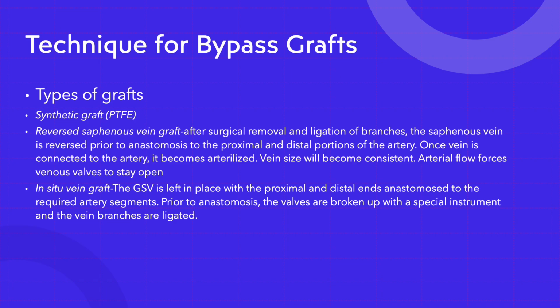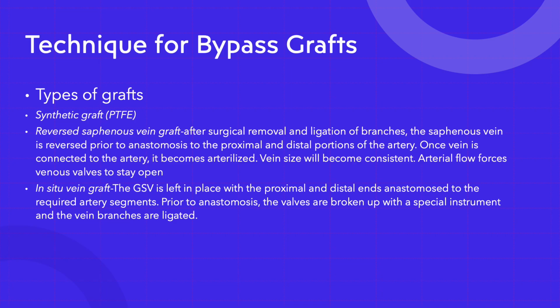Okay. Anyway, back to the different types. Synthetic graft is a foreign material that they use. Or they can take your saphenous vein and use that. They can actually turn your saphenous vein into an artery.